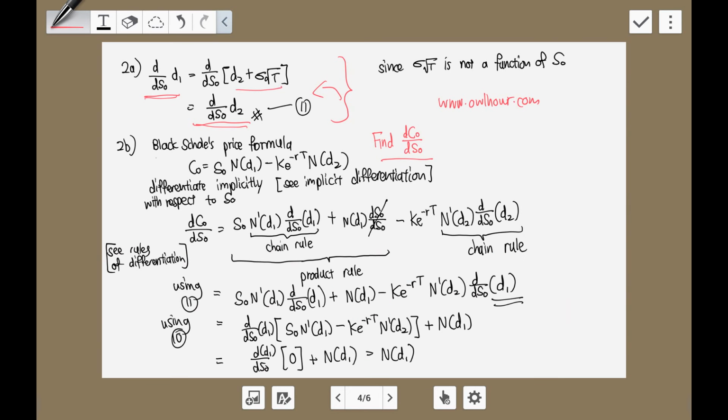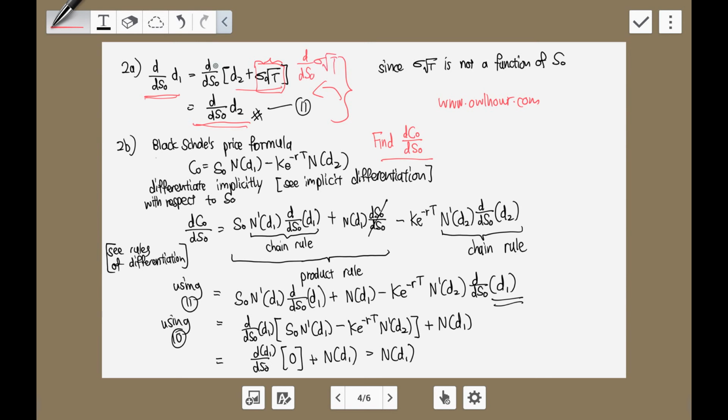So when we come to here, I just change d1 to d2 plus sigma root T. And when we differentiate with respect to S0, the other expressions, sigma and root T, we treat as fixed. So d/dS0 of sigma root T is just 0.